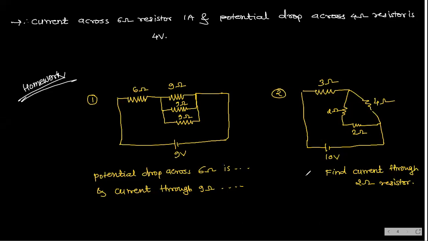And keep in mind, this branch is in series, 2 plus 2 in series and then in parallel, so you will get 2 ohm total resistance here. 2 plus 2 is 4, and 4 is in parallel with 4. You know this, you can do it yourself.